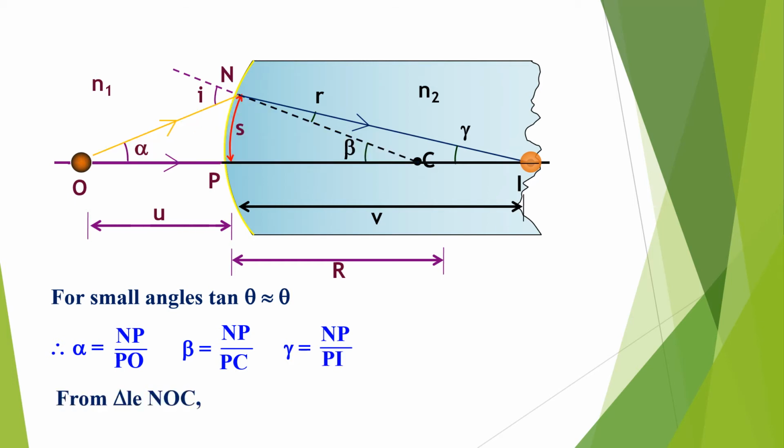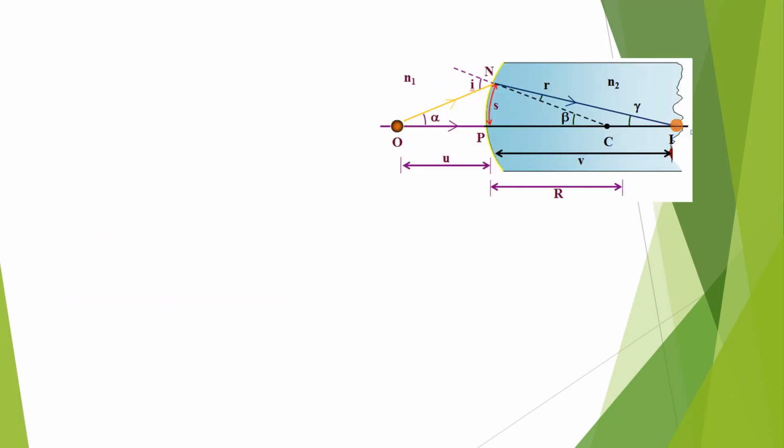From triangle NOC, alpha and beta are the interior opposite angles for the exterior angle i. So i can be written as the sum of the interior opposite angles: i = alpha + beta, that is, i = NP/PO + NP/PC. This is equation 1.